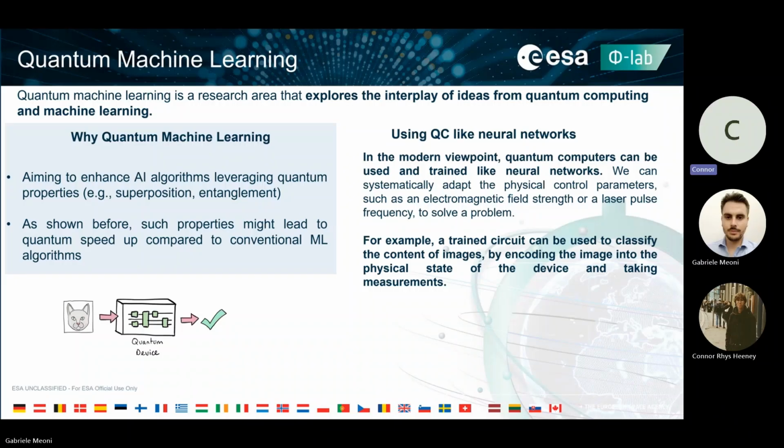So basically, there is the belief that quantum machine learning can help AI models in that respect. And nowadays, there is the possibility to train AI models or quantum AI models, capitalizing on the techniques that we have used for standard AI.